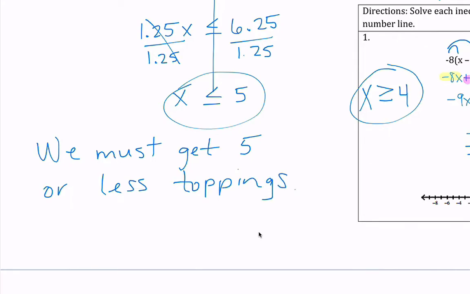So that's what our answer actually meant. We know x stands for how many additional toppings. I forgot the word additional. 5 or less additional.